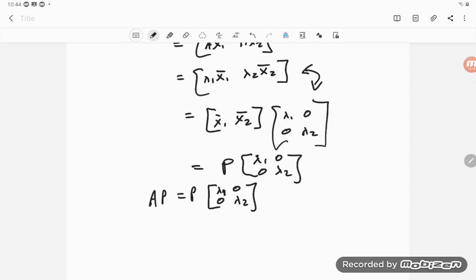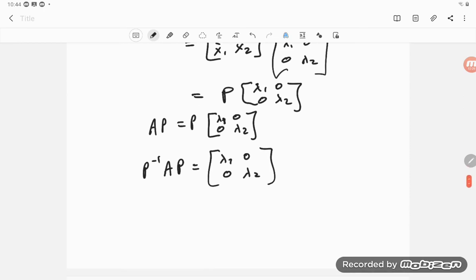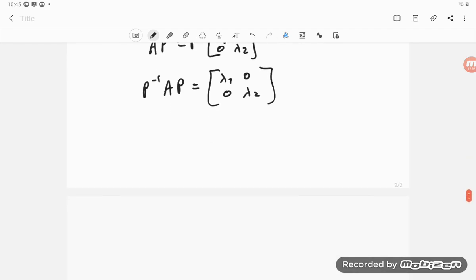Now, since P is non-singular, multiply both sides by P inverse on the left, and we get P inverse AP is equal to our diagonal matrix. And so there we have the proof. So very nice. And therefore we can diagonalize something.